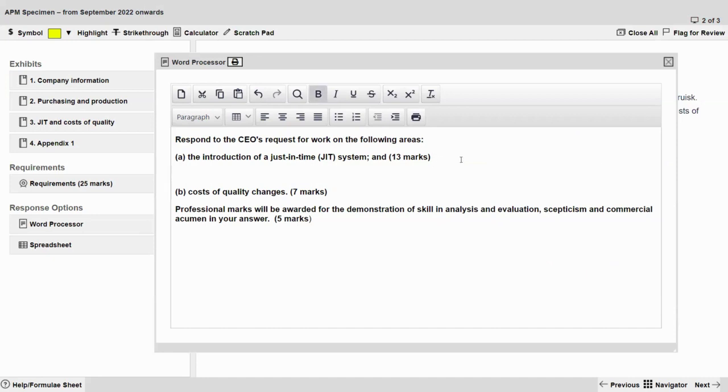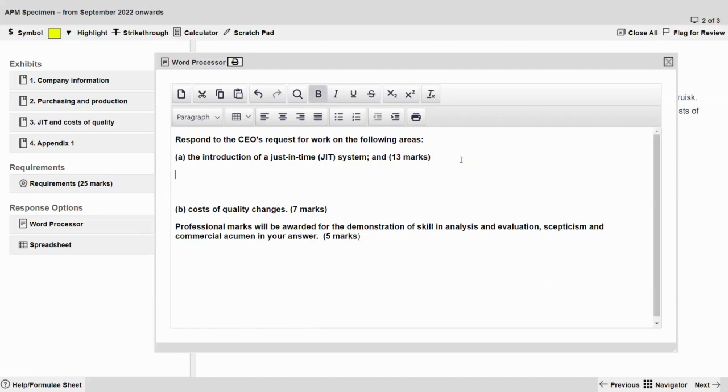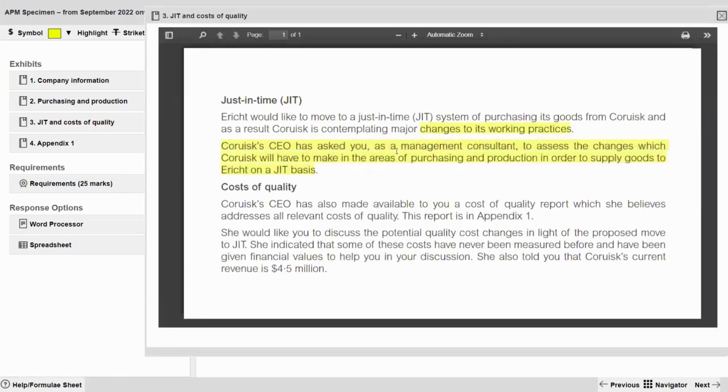First of all, it's a 13-mark requirement, which is the introduction of JIT, and you know what the company is asking. They want you as a management consultant to assess the changes which they will have to make in the areas of purchasing and production in order to supply goods to Arid on a JIT basis. I'm giving you 5 minutes.